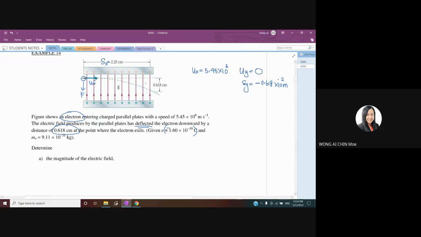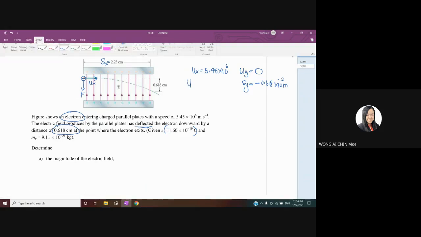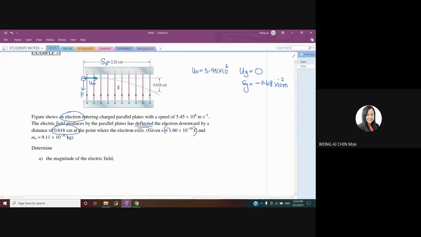Because it's acting downward. Of course, your x-axis here, SX, is equal to 2.25 times 10 to the power of negative 2 meter as well.